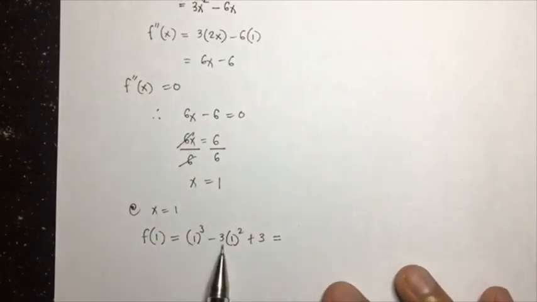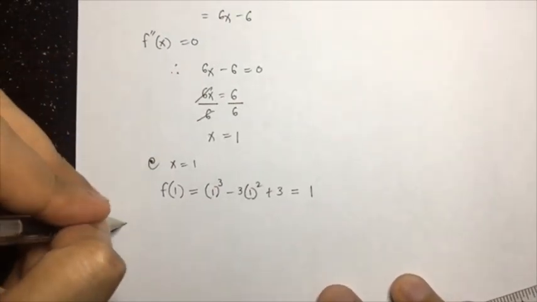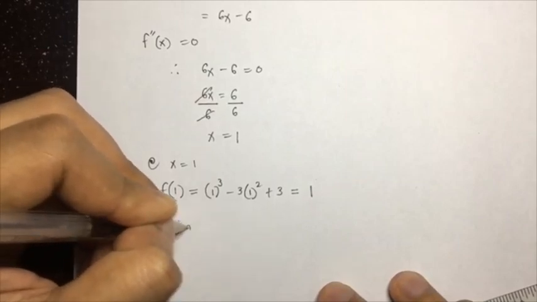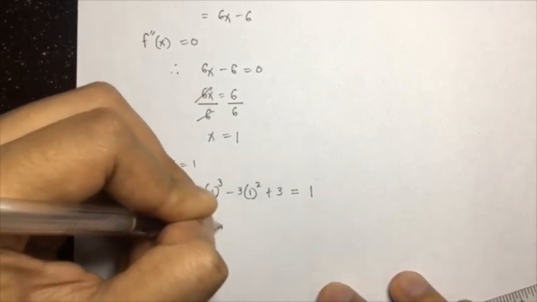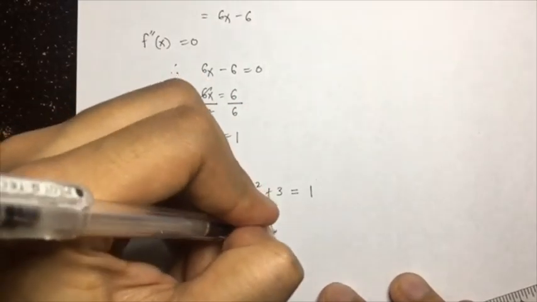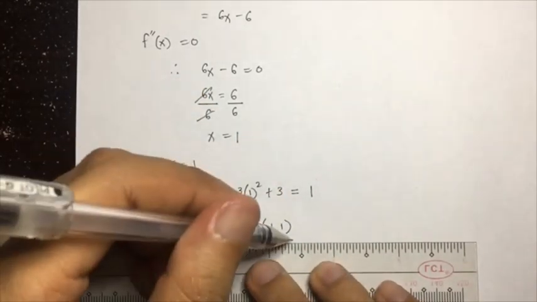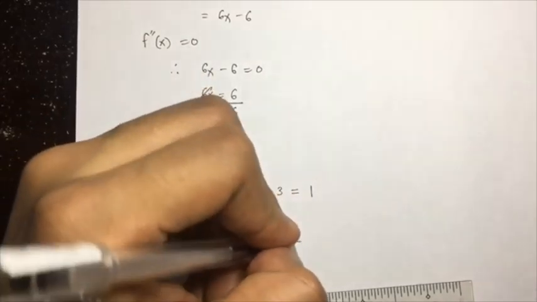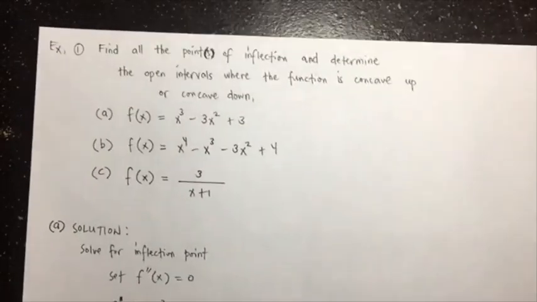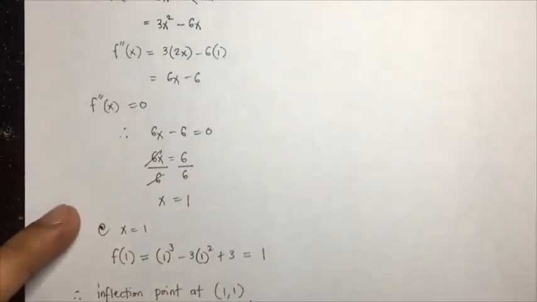This is 1 minus 3 plus 3, so that is 1. Therefore the inflection point is at (1, 1). That's the inflection point.